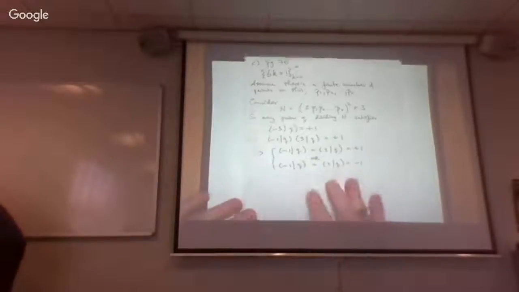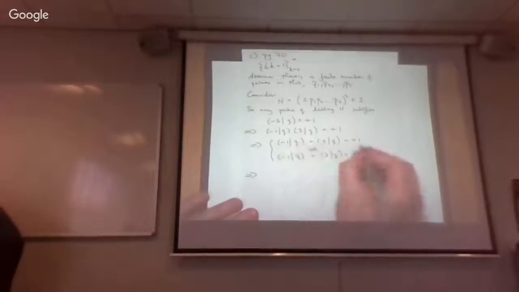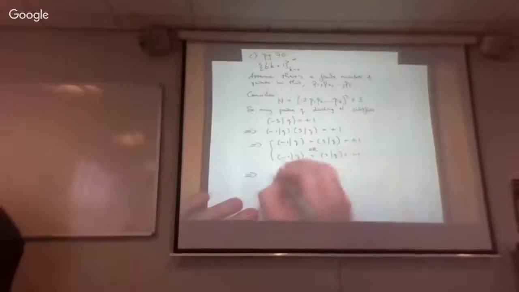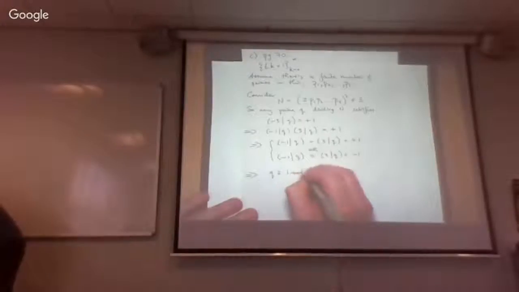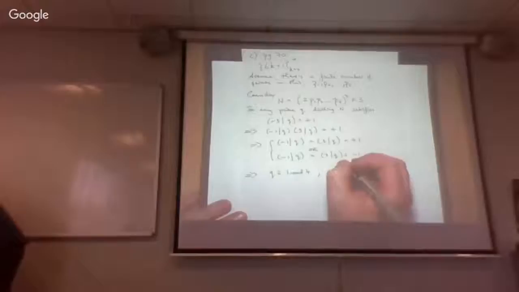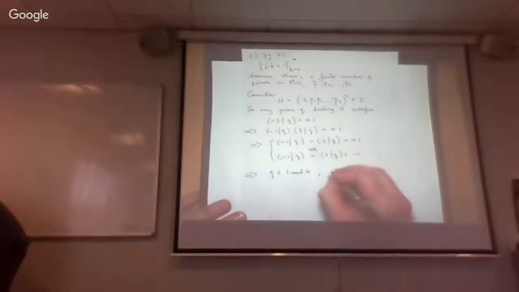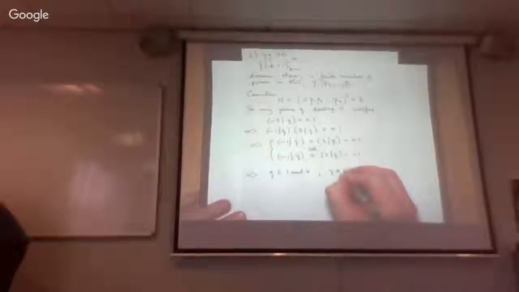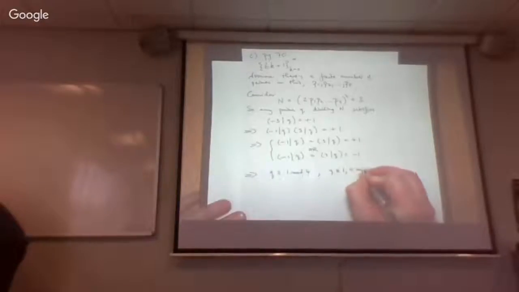So what are the congruence statements here? Well, if minus 1 is plus 1 modulo q, then q has to be 1 modulo 4. And if 3 is plus 1 modulo q, then q has to be plus or minus 1 modulo 12, so we'll write that as 1 or 11 modulo 12.